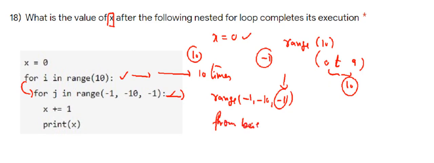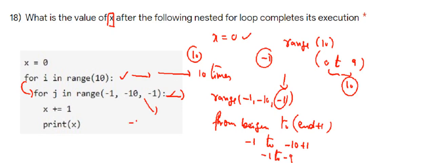When the step value is negative, the range goes from begin to end plus 1. What is begin? Begin is -1. What is end? End is equal to -10. -10 plus 1 means -9. So this for loop will be executed from -1 to -9. So how many times?